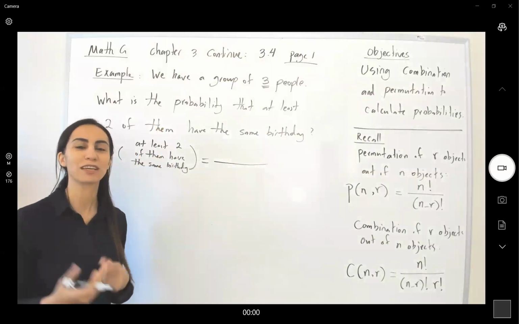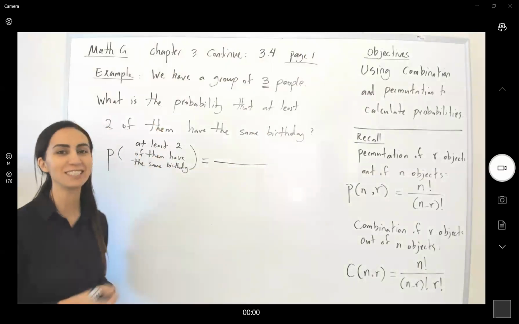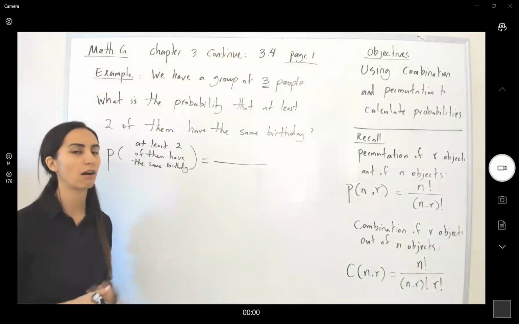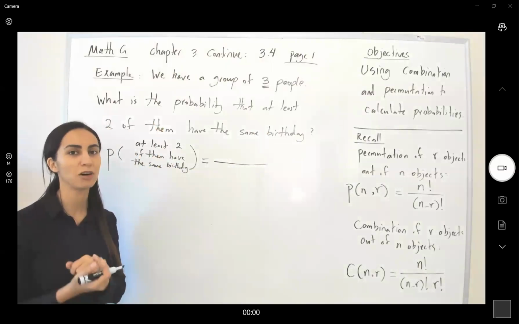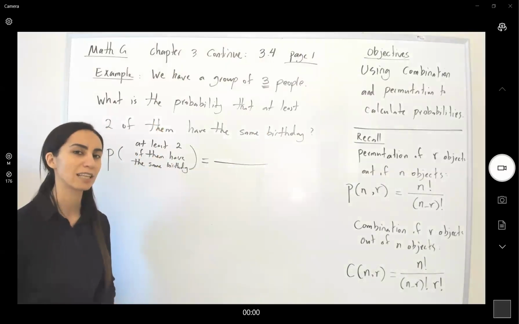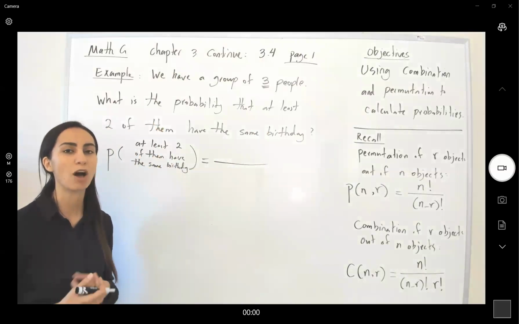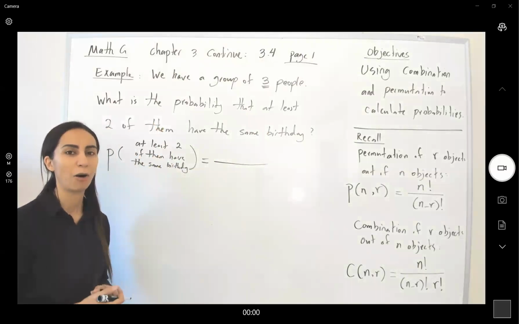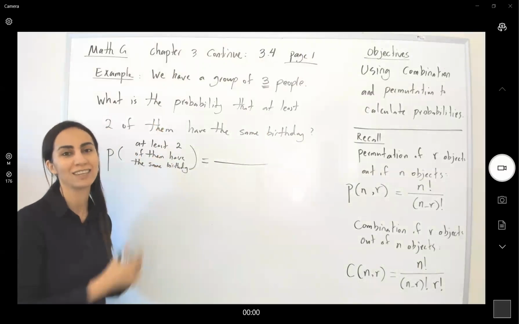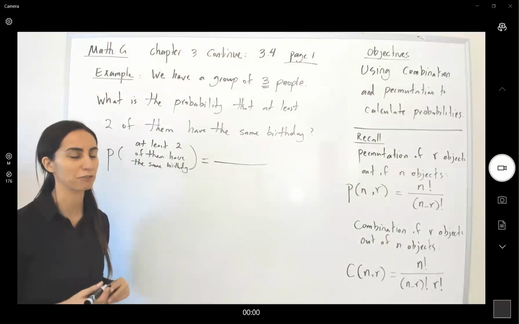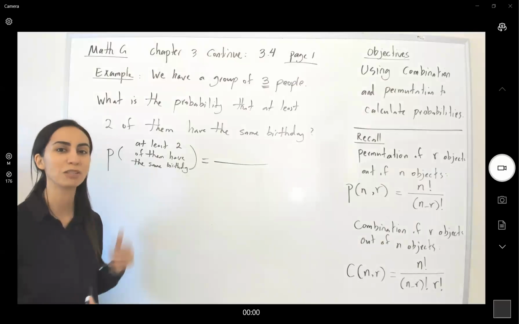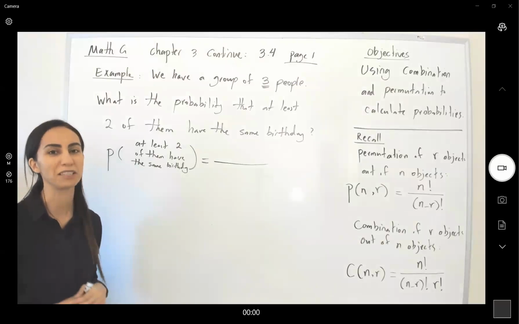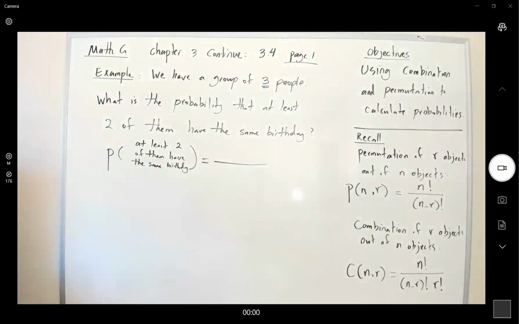On your numerator, you get the cardinality of the event, and on the denominator, you have the cardinality of your sample space. Remember also that we talked about the complement of an event. If you have an event like E, its complement is all those values that are not in that event. Think about it for a moment. How can we use the complement of this event to calculate the probability?